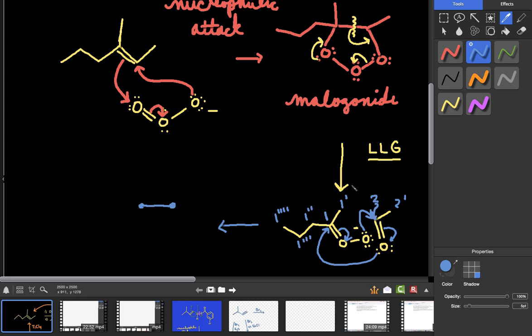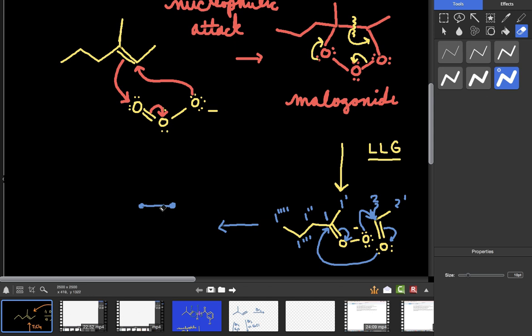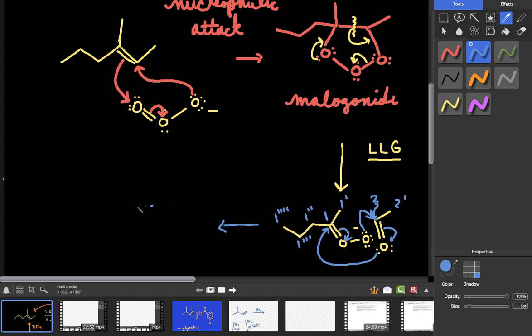Well, actually, that's not quite correct. Let me go back here. The bond that I'm making is going to be between carbon 1. Remember, carbon 1 has a methyl group and it has a propyl group. And I'm making a bond between an oxygen.